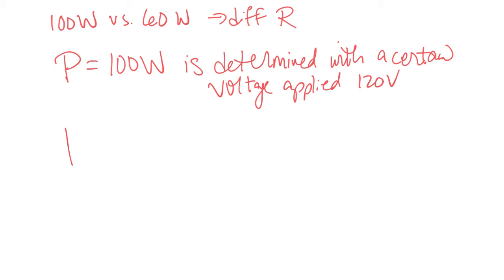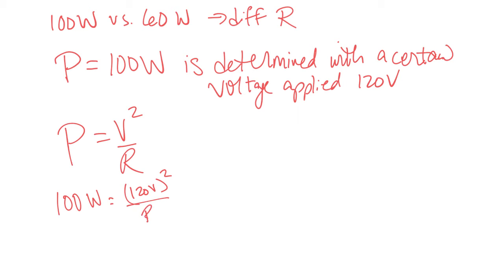So in that case, if we looked at power as V squared over R, for a 100-watt light bulb, you can calculate the resistance of a 100-watt light bulb, and you can calculate the resistance of a 60-watt light bulb.